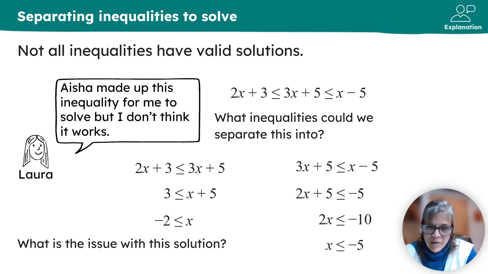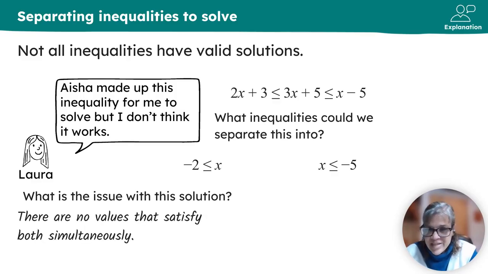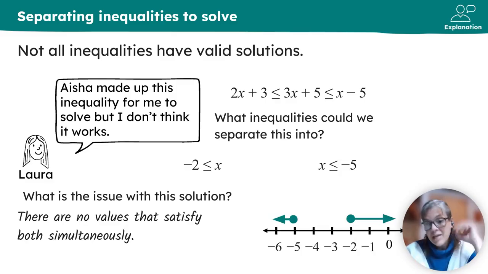And what's the problem with that? You don't actually have anything that x can be, there are no values that satisfy both. If you were looking and saying, okay, it could be this or this, that's fine. But if you're trying to satisfy both, there are actually no solutions because it's a gap.